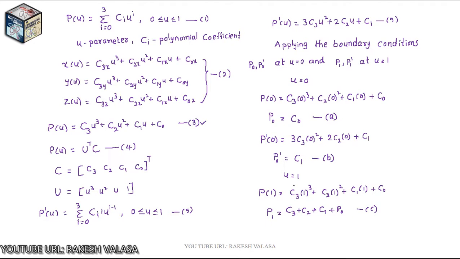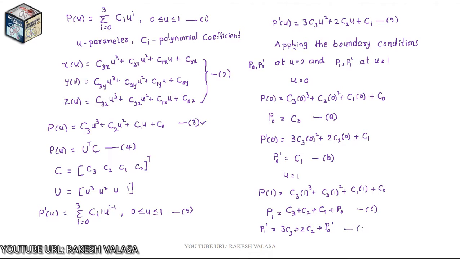Similarly, you can apply the second boundary condition, that is u equal to 1, in equation number 5, that is P1 dash equal to 3c3 into 1 square, that means 3c3, plus 2c2 into 1, that is 2c2, plus c1, which means p naught dash plus p naught dash.